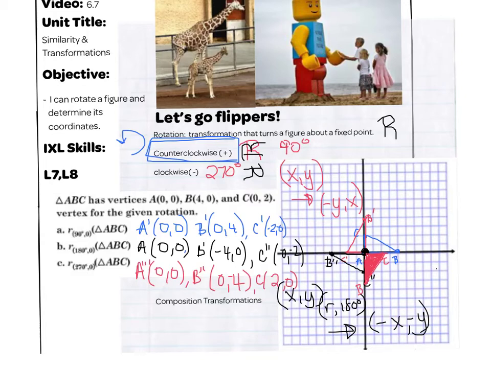So here's our new figure, and again, this is a 270-degree rotation. If we analyze what happens with a 270-degree rotation, we will see that the x and y switch spaces and the x becomes flipped, no matter what it is.